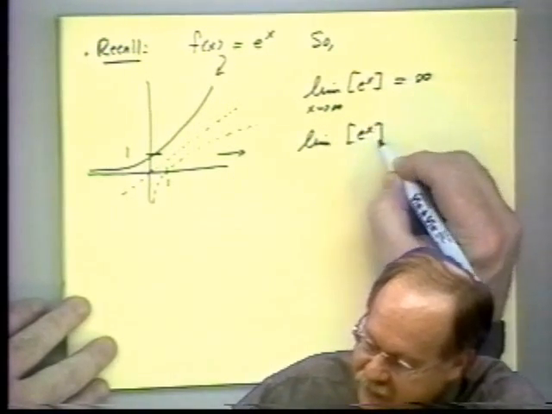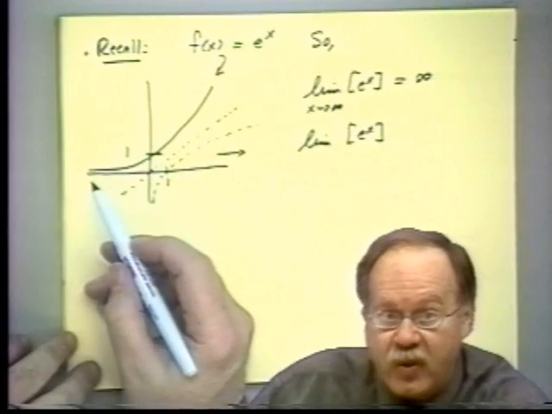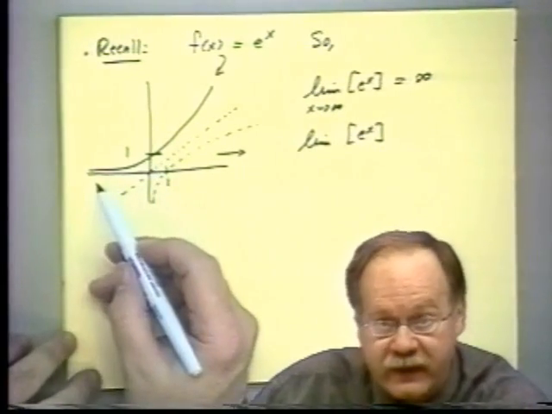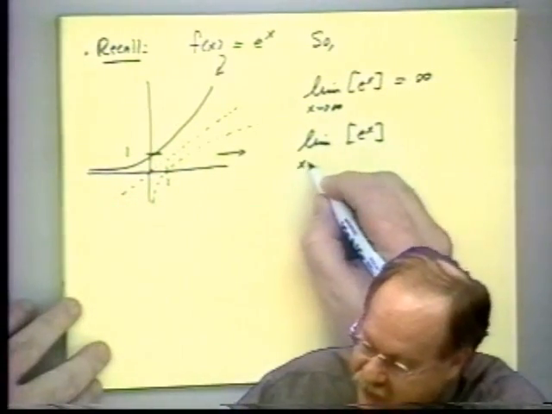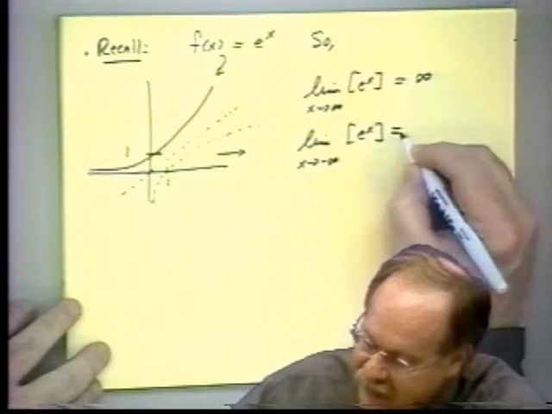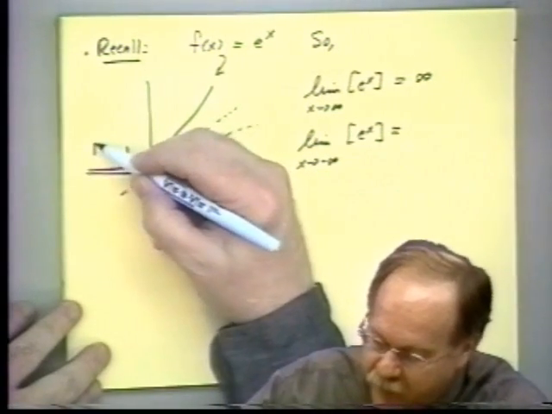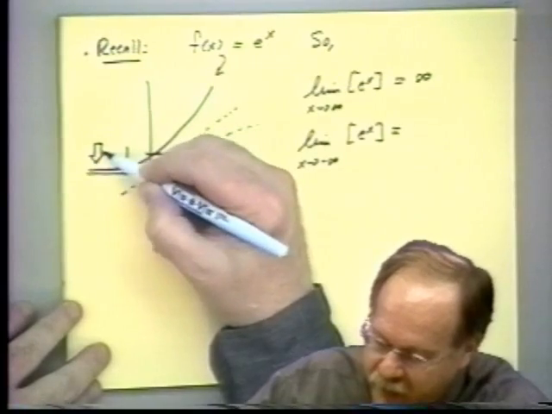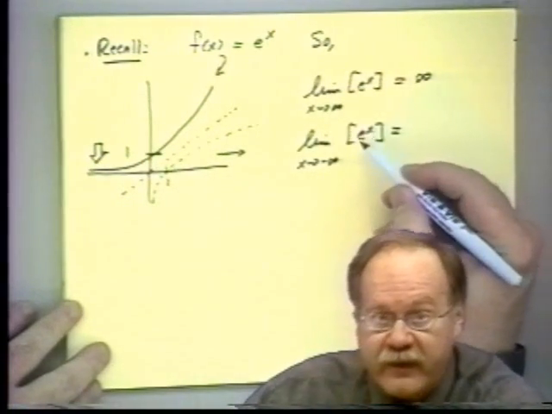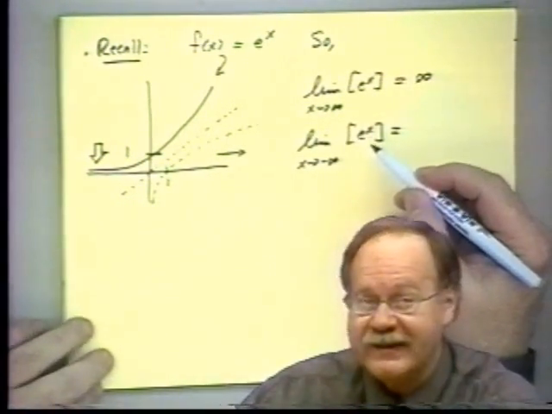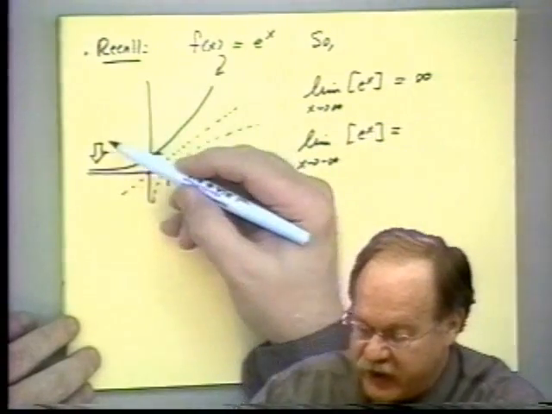If we go in the other direction for e to the x, and in this case we actually can go all the way out because e to the x is defined for negative numbers, as x approaches negative infinity, in that case we can see that vertically, which is what the e to the x in every function that's under a limit represents, it is the vertical distance.